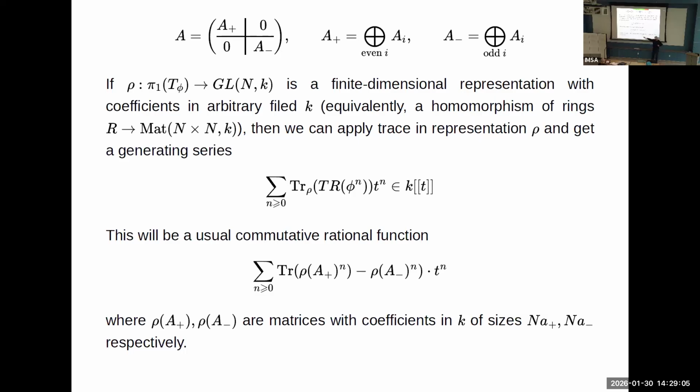We have a matrix consisting of elements of the group ring. I replace elements of the group by matrices in the representation. You get a block matrix, so the size will be the dimension of the representation times the size of this matrix in the group ring. You get a matrix still of finite size, and then calculate the generating series of traces of the positive and maybe negative part.